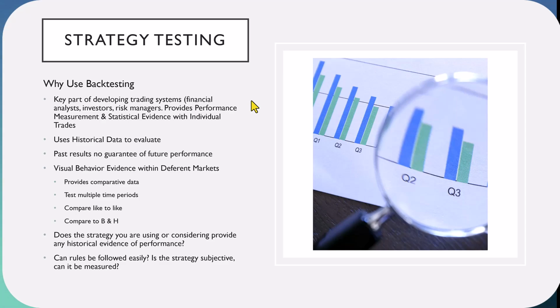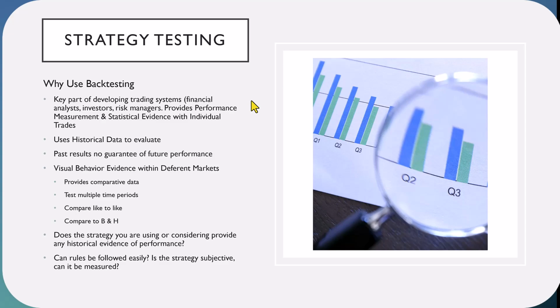It's going to use historical data, or people would use historical data to evaluate the performance. And you've got to keep in mind that no matter how good the backtest looks, chances of you being able to duplicate it are pretty slim. There are always going to be things that will interfere, and backtests are sort of an automated process while we're operating on a manual basis, so there's going to be differences.